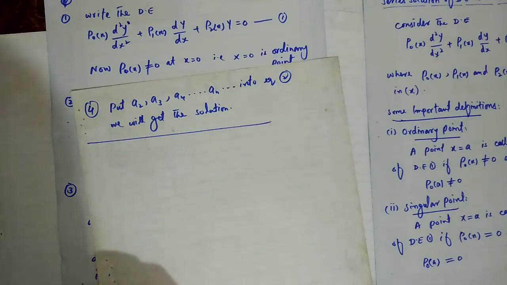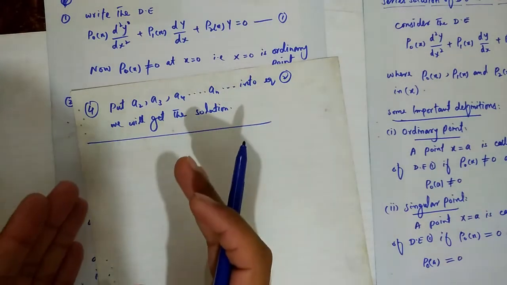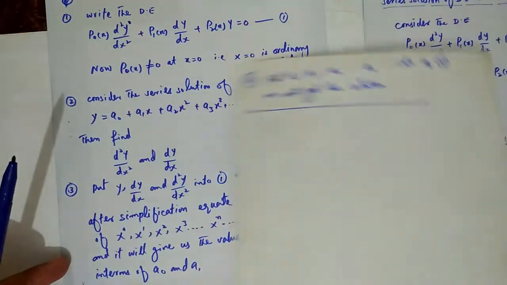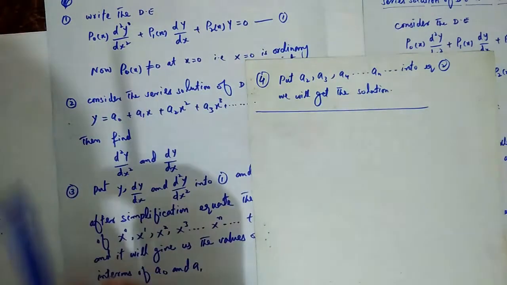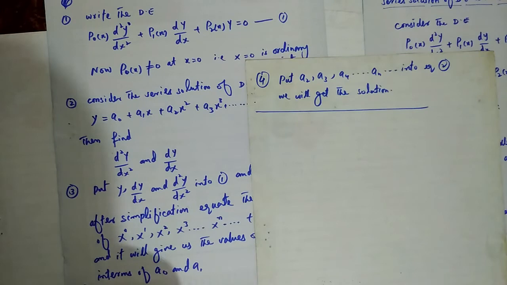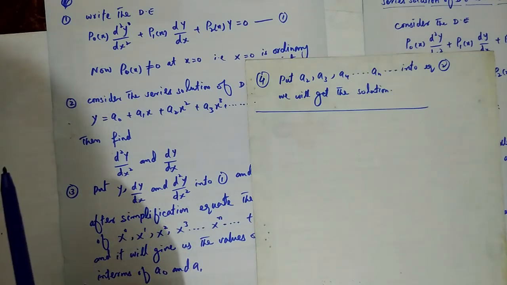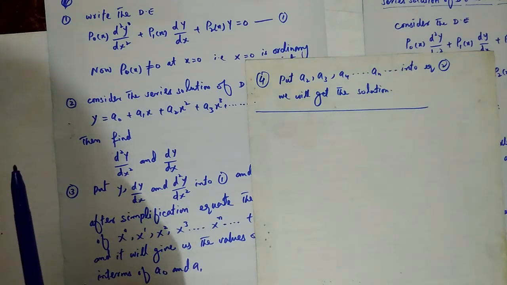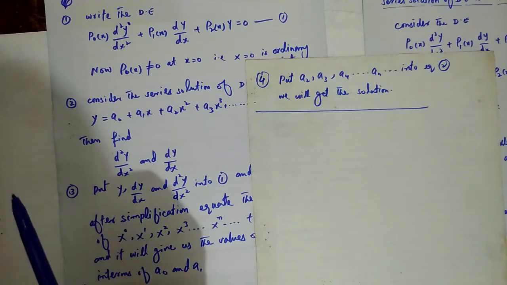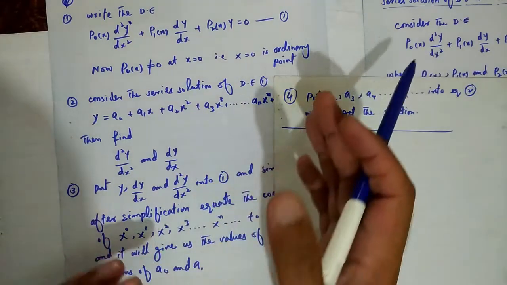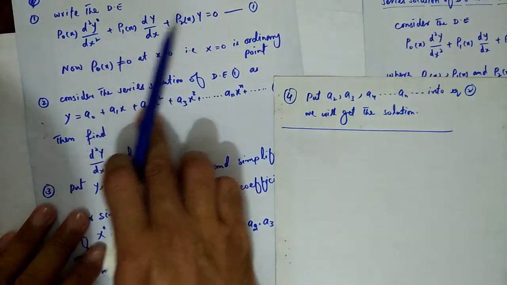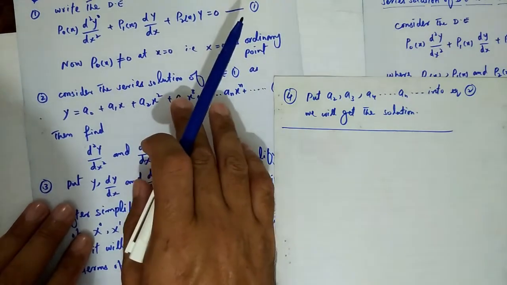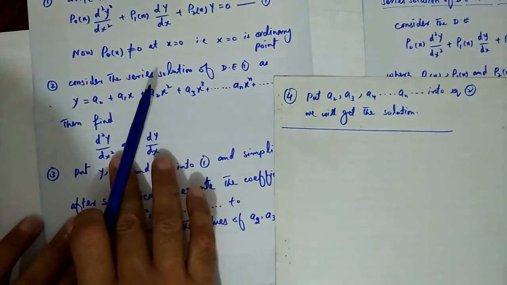So now, I hope you have understood all the procedure. Let me repeat it again. In the first step, note the given differential equation, and we assume that x equals 0 is an ordinary point. That means that p0 of x doesn't vanish at that point. Then assume the solution of that differential equation in this form, which is the power series solution, and differentiate it twice.